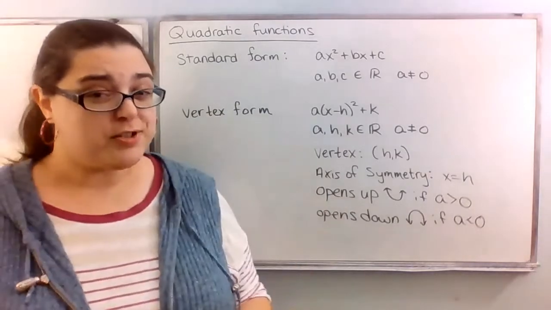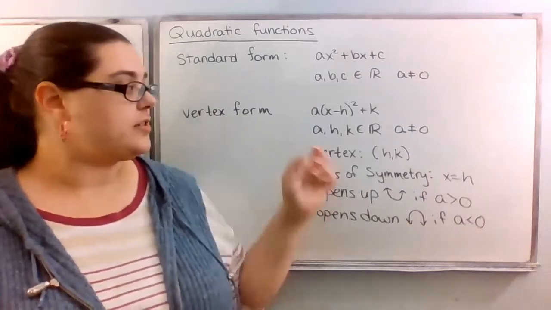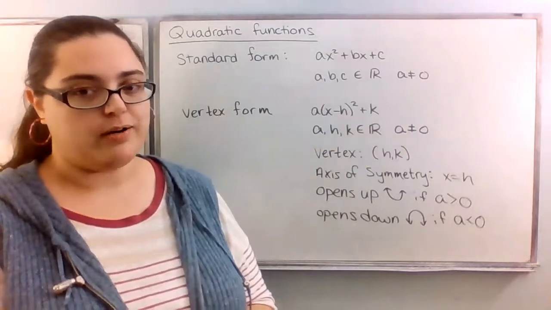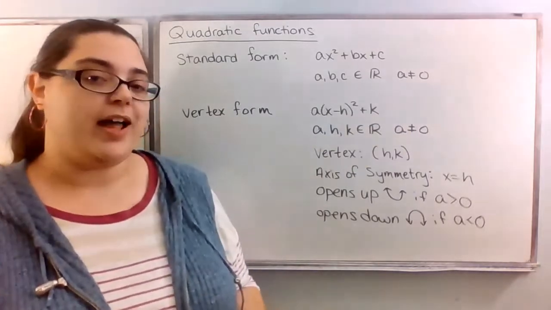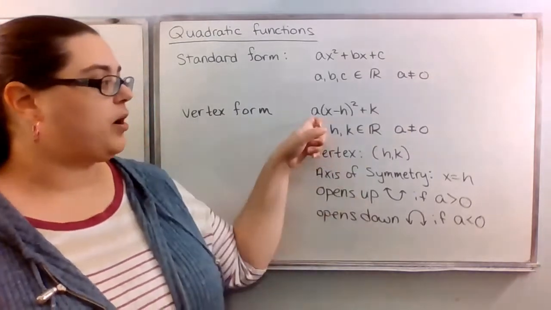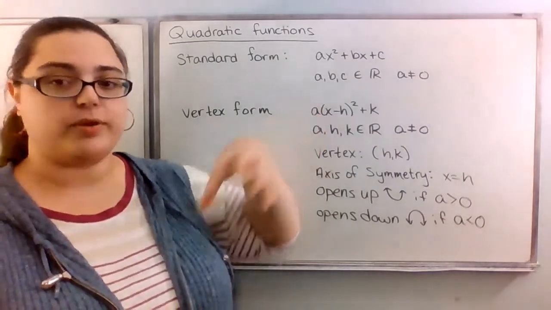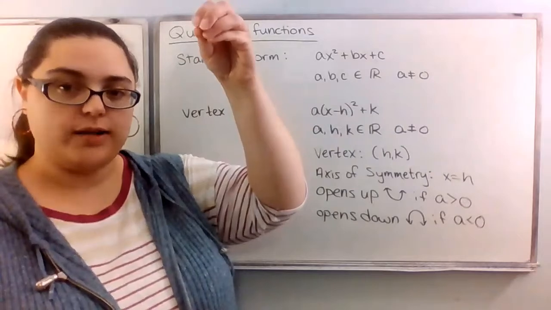Now, all of this also makes sense if you think of this form of the function in terms of transformations on x squared. For example, if I have x squared and I multiply it on the outside by a positive number, that's going to be a vertical stretch.